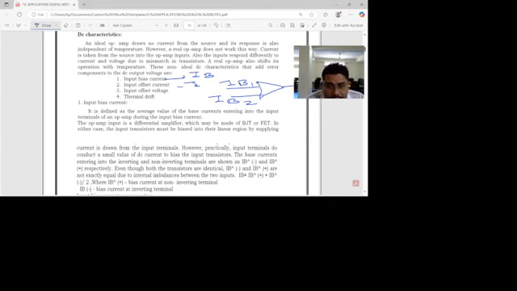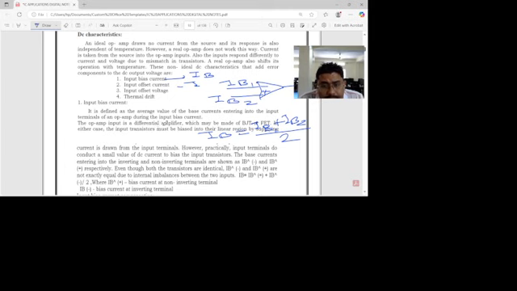These are the input currents of the op-amp. The average current IB equals (IB1 + IB2)/2. So we take the average of the currents flowing through terminal 1 and terminal 2, which are the inverting and non-inverting terminals. This is called the input bias current.